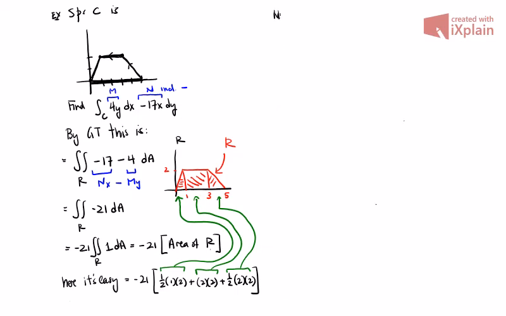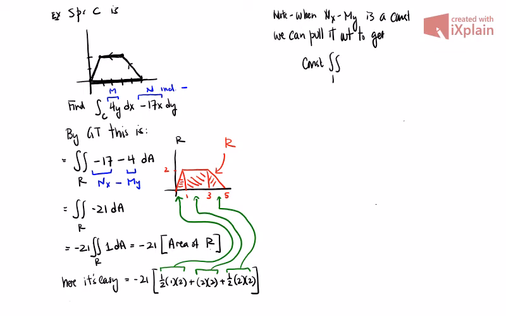So then the two notes that go with this are to note, when the integrand, in other words, N sub x minus M sub y, is a constant, we can pull it out to get a constant times the double integral over R of 1 dA. Right? And this thing is the area of R.